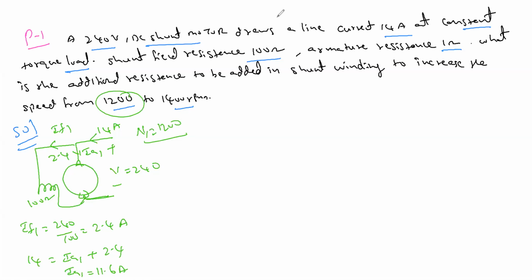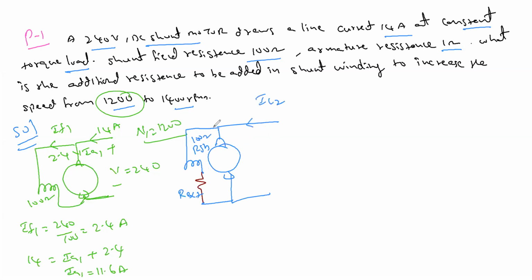Now the second case, shunt motor. So I'll add extra resistance here. This is external resistance. ये वाला RSH है 100. So ये पता नहीं अभी line current कितना है, I don't know.